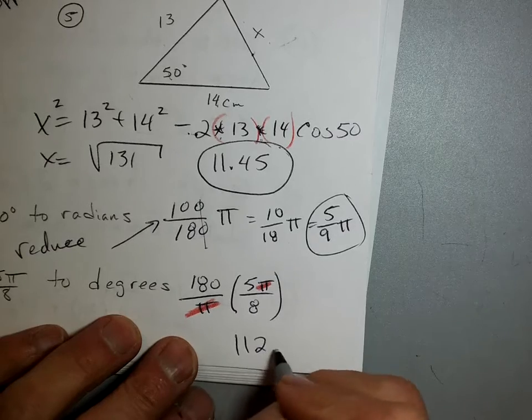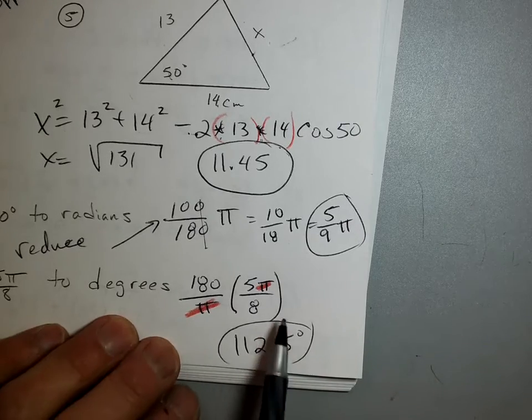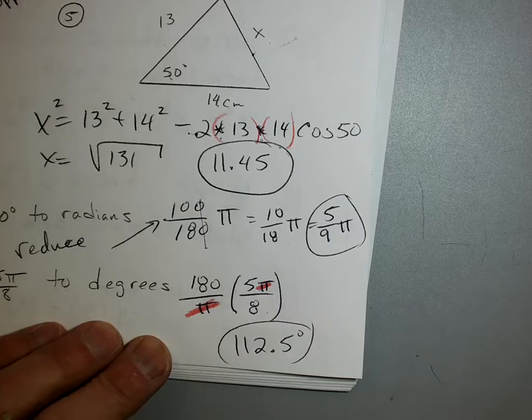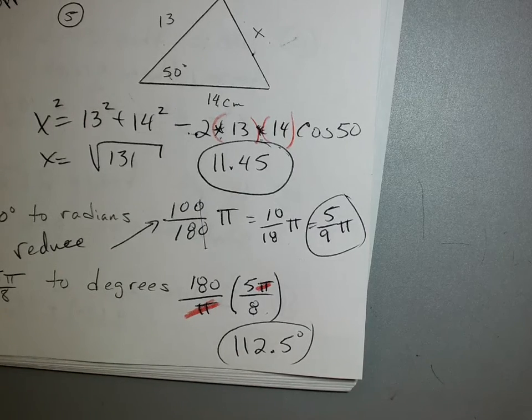Wait, Mr. Davis, can't you also just take the denominator of the 5 pi over 8 and figure out how many times it goes into 180? Yes, well said. It's easier for you. I like that. I am not going to teach that. Say it again, Ellie.